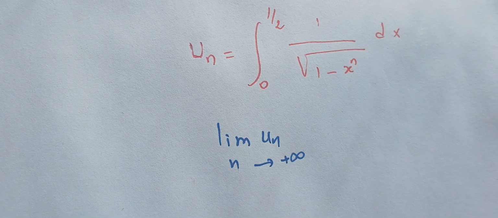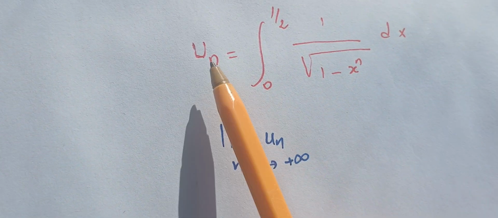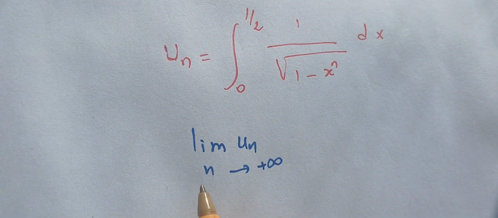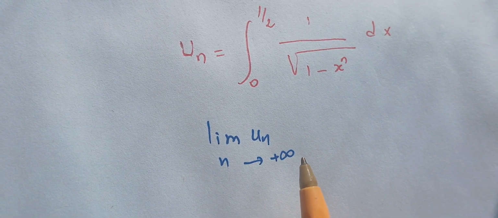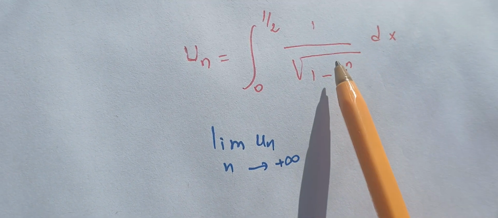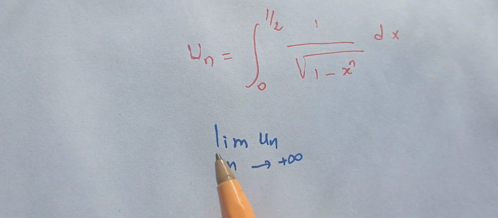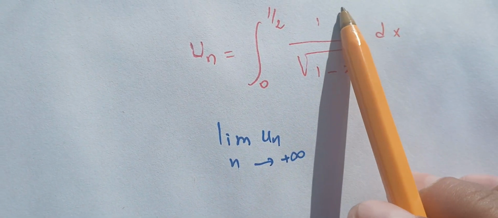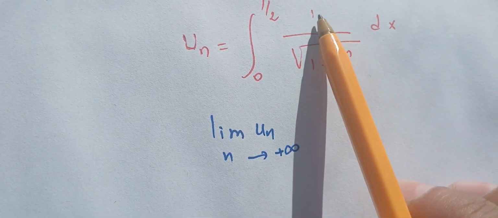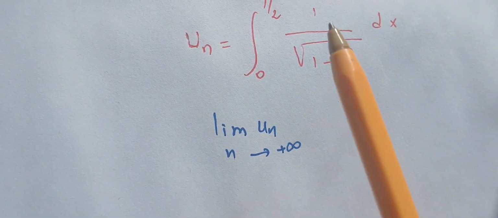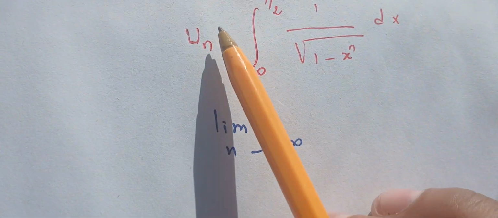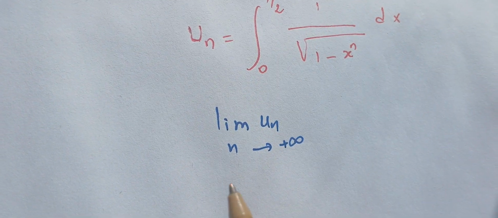We'll see how we can use that to find this limit. We have two key ideas. First is that x is between 0 and 1/2. Second, this function is always positive in this interval. So based on these ideas, we're going to find our limit.